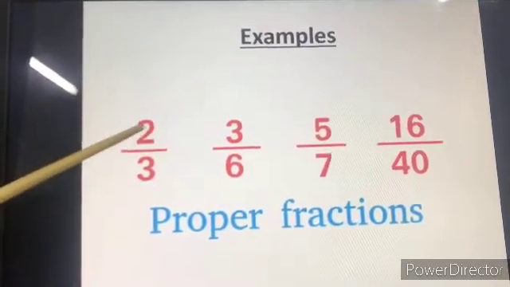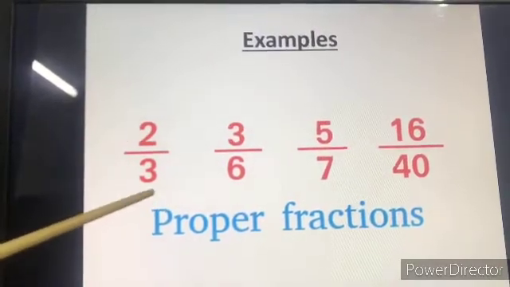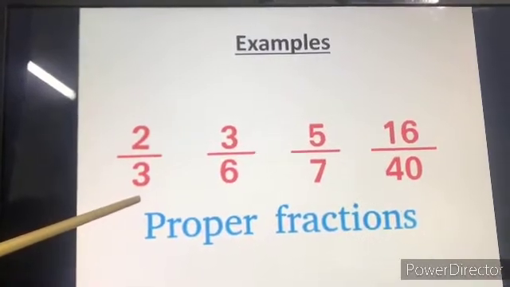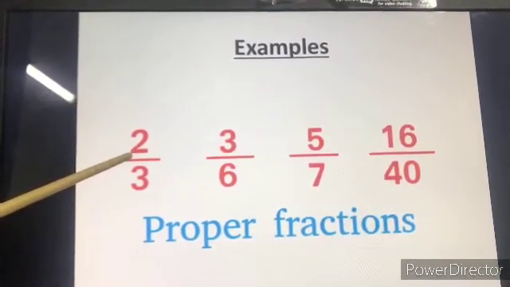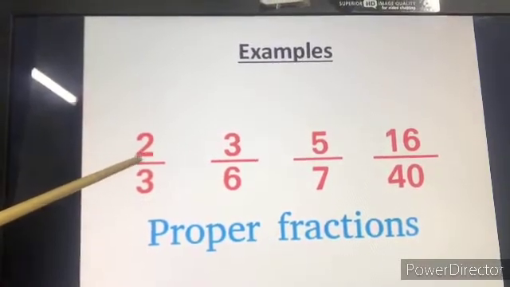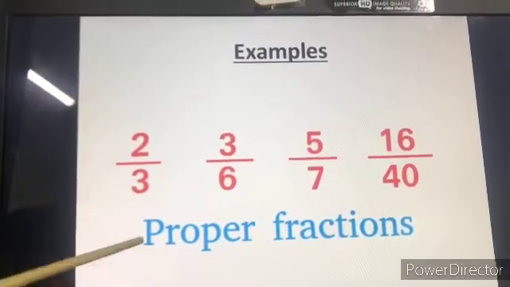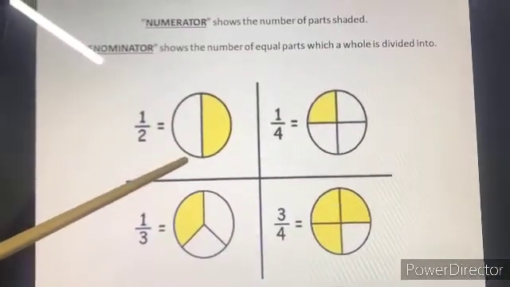So all the numerators are lesser than the denominators. So wherever the numerator is lesser than the denominator, that fraction is known as a proper fraction.